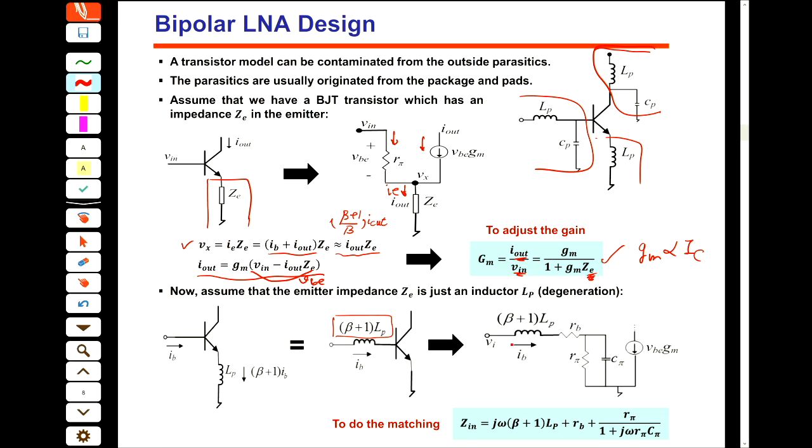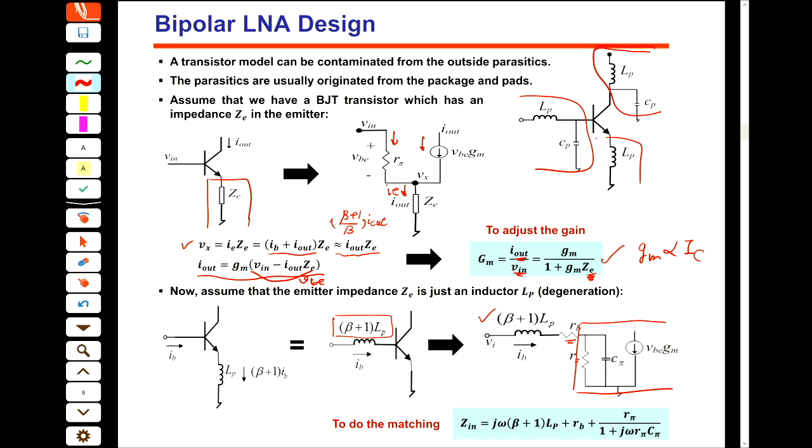Then the new small signal model for our transistor will be: this is your transistor, the original transistor, and then I move this L from the emitter side into the base, and say that the value is beta plus 1 LE. Okay? And this RB is the input resistance that we have for the track or for the pad or something.